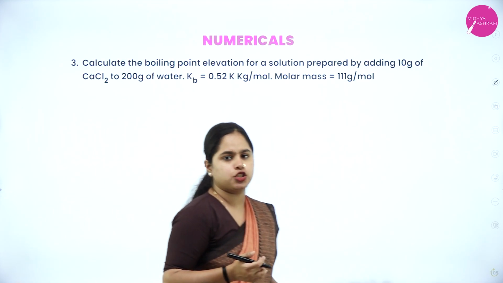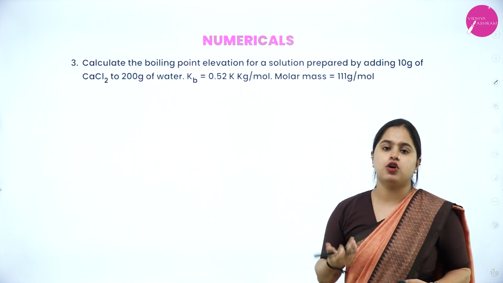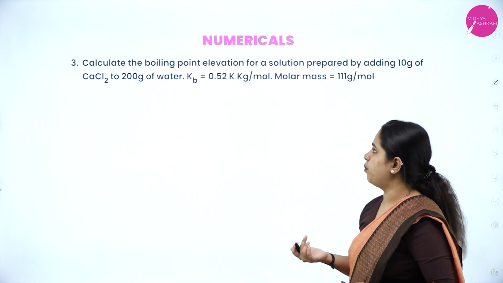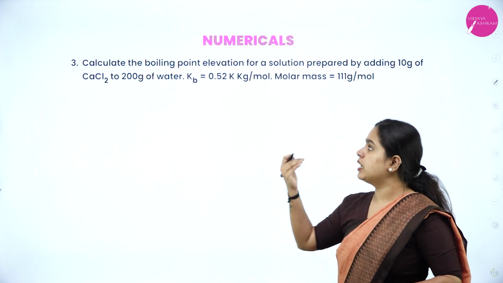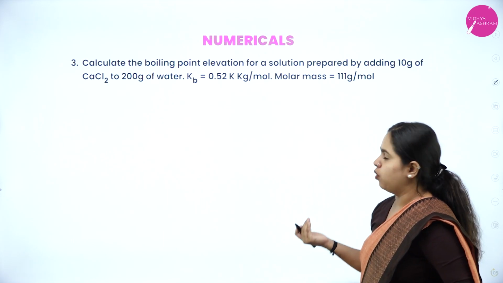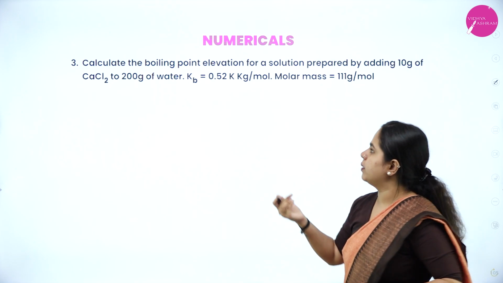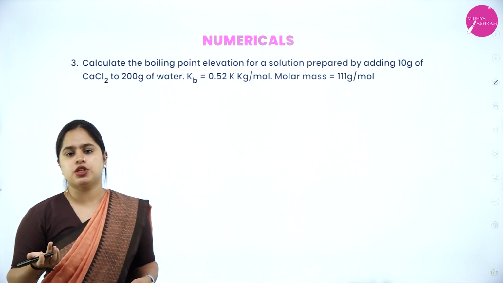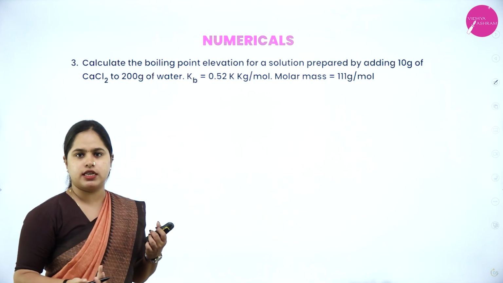Now moving on to the next question, that is, calculate the boiling point elevation. You have to calculate the elevation in boiling point for a solution prepared by adding 10 gram of CaCl2, calcium chloride, to 200 gram of water, and the Kb value and the molar mass are also given. You have to calculate delta Tb. Now what all is given here?